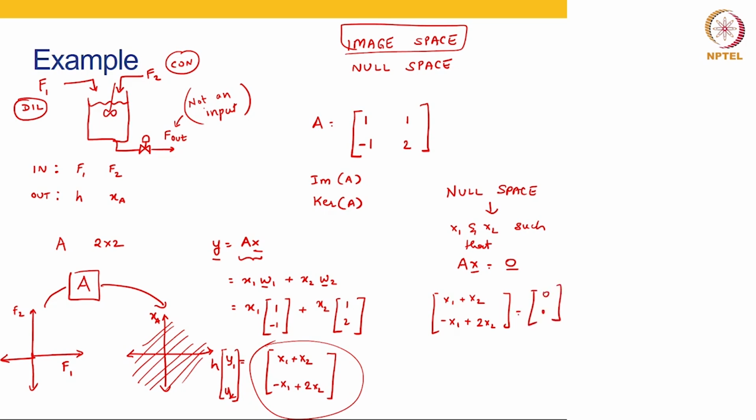The only possible way to do that is x bar equal to 0 bar. Okay. So we have a trivial null space. The null space for A bar is just the origin.